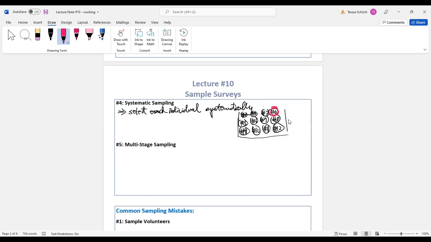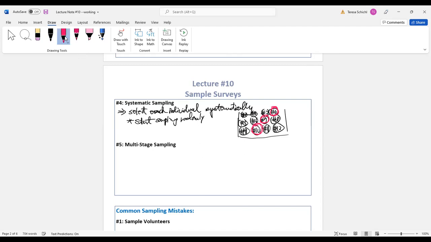Then instead of randomly picking other numbers, I choose the sample as this number plus 3. If your first number is 4, the next number will be 7, then the next person you choose has number 10. The key thing, in order to avoid bias, is that you start sampling randomly.